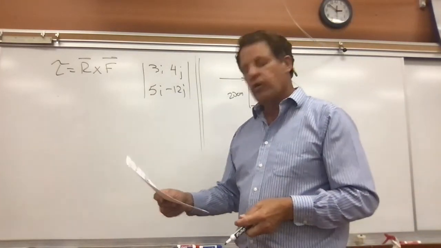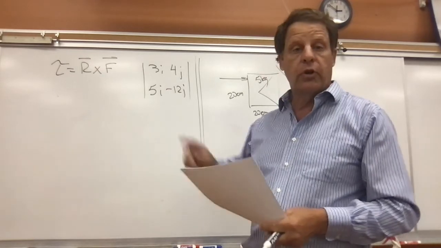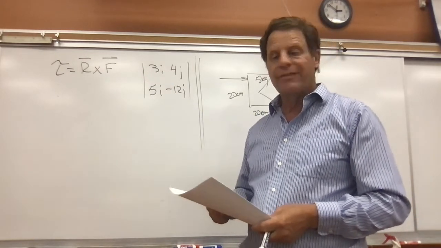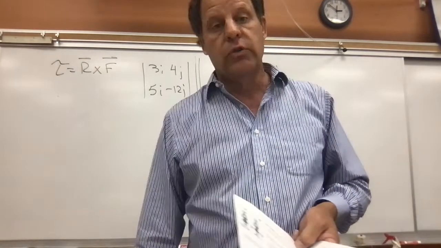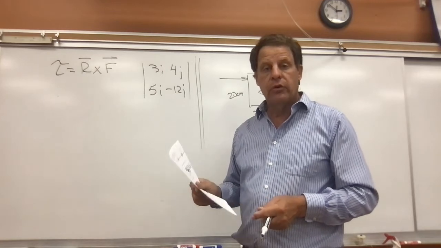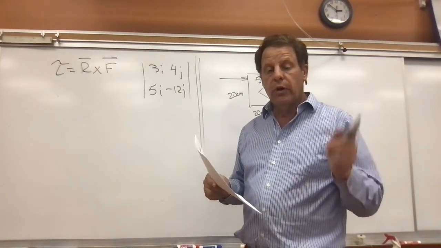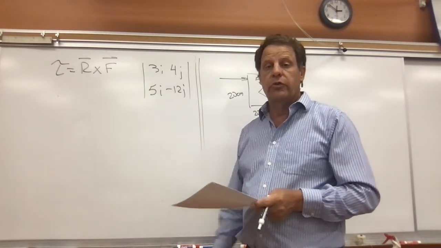All right, ladies and gentlemen, question number 24 is a cross product. So remember, torque is equal to R cross F. And if you have that in the IJK notation, it's just going to end up being a matrix problem. And because we only have I and J and not K, it's really just a simple 2x2 matrix.